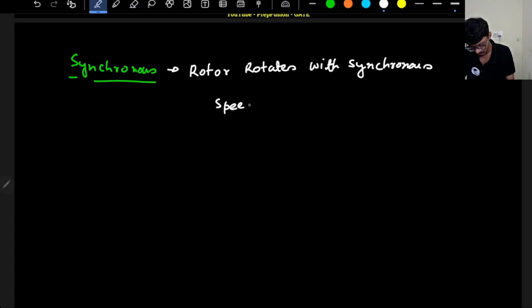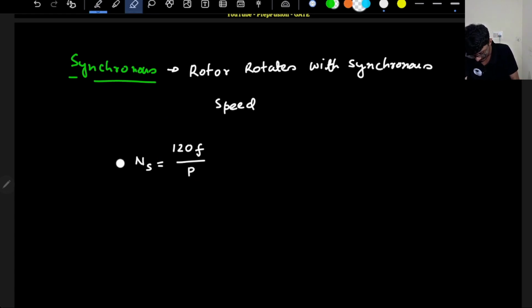What is synchronous speed? Synchronous speed Ns was equal to 120f by P. That is what my synchronous speed was equal to. So your rotor also will rotate at the same speed. Previously, in the case of an induction motor, your rotor used to rotate at slightly lower than synchronous speed.